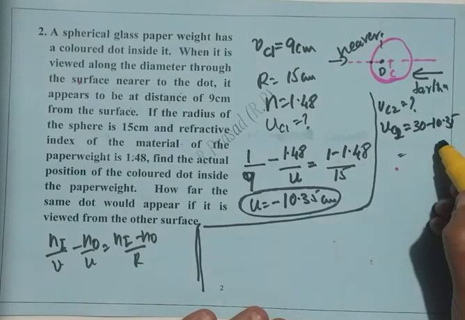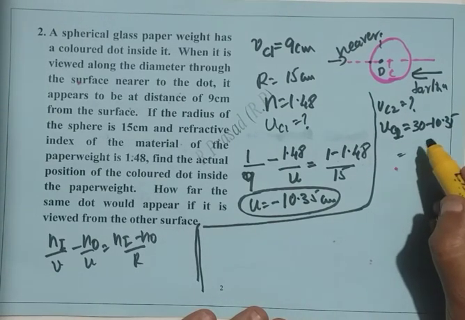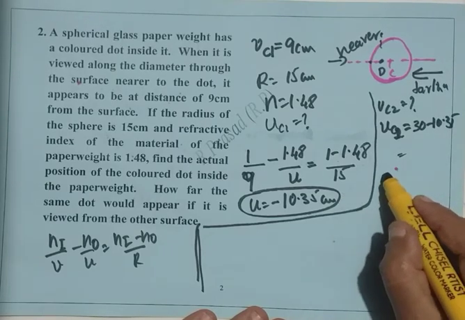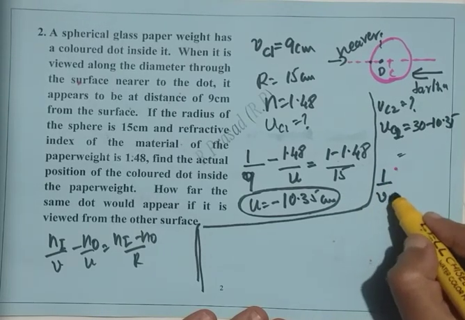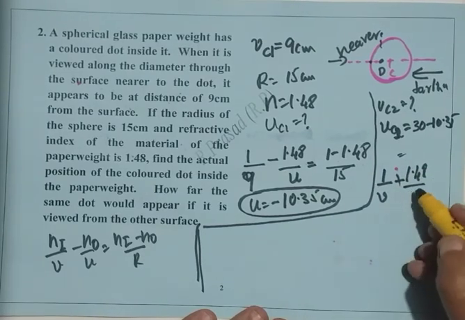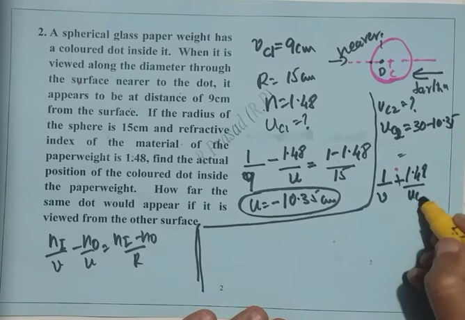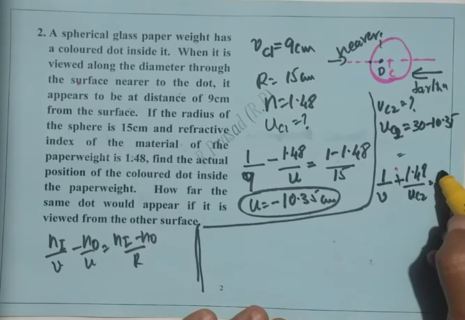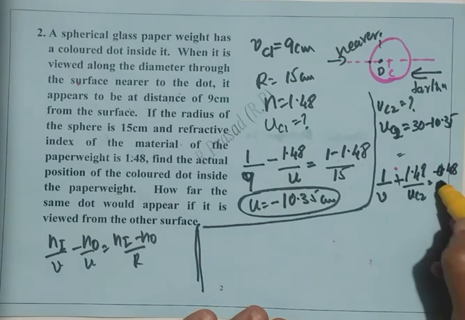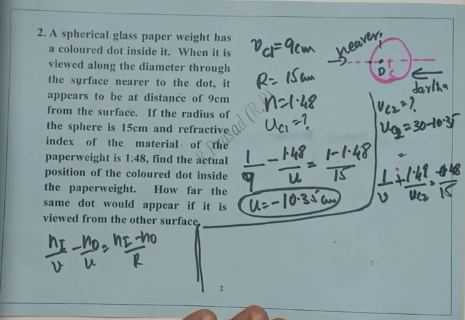Therefore, if we substitute everything into the formula again, 1 by V minus 1.48 by minus UC2 equals minus 0.48 by 15, same thing again.